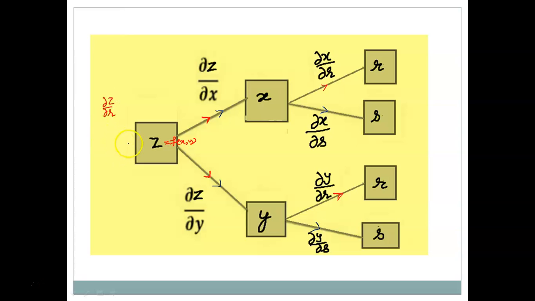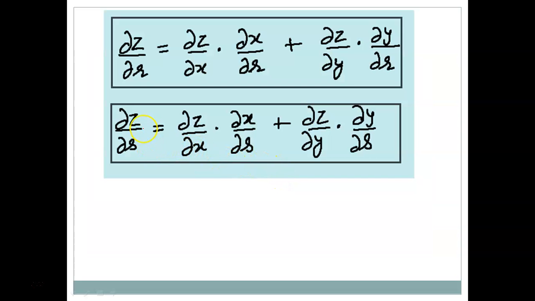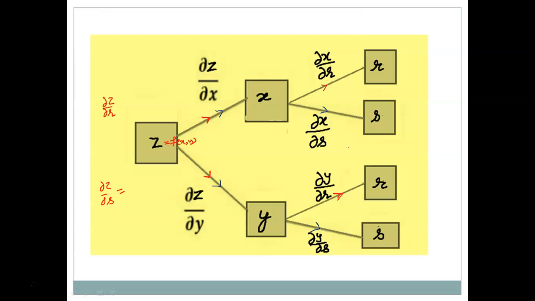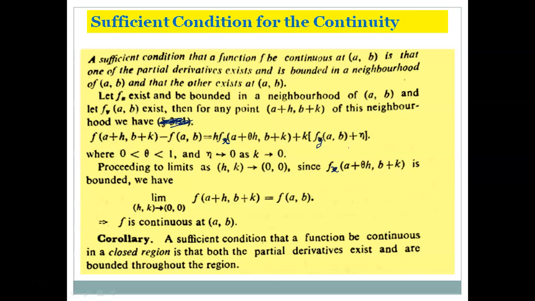And along the blue arrow you can find ∂z/∂s. ∂z/∂s will be equal to ∂z/∂x along the blue arrow into ∂x/∂s, plus ∂z/∂y into ∂y/∂s. Along the blue arrow you can travel and add the terms. So this is the visualization here.